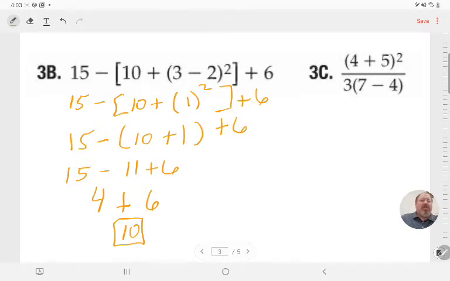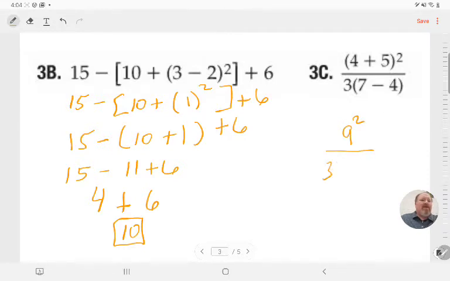All right, now let's look at 3C. Again, we have to work on the numerator and denominator. Now we could go step by step, which is what we want to do, but we can also do the numerator step by step and the denominator step by step at the same time. So on the numerator, we have grouping. So we have to solve our grouping first. So 4 plus 5 is 9. So that's 9 squared. And then on our denominator, we have grouping.